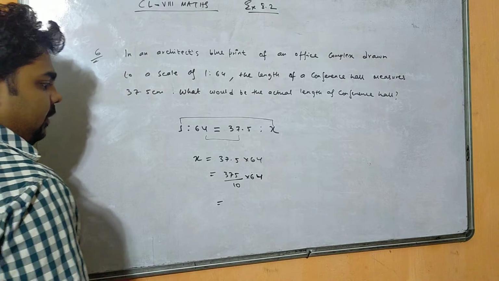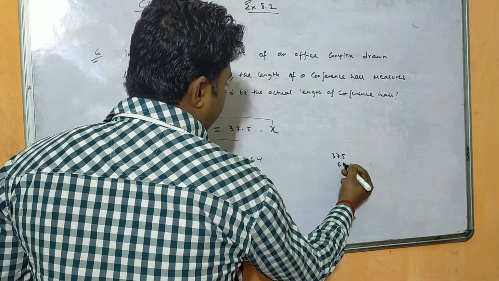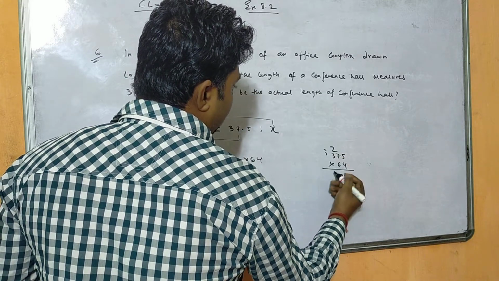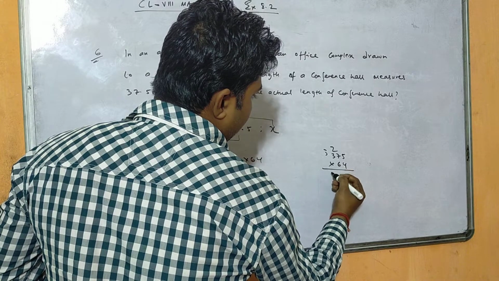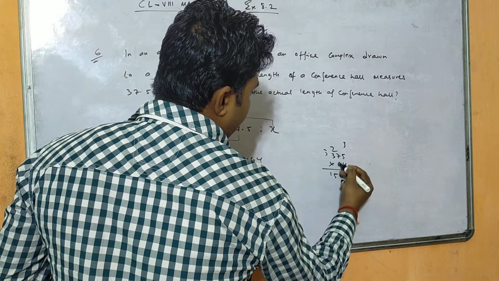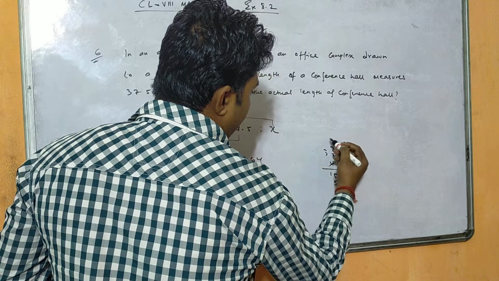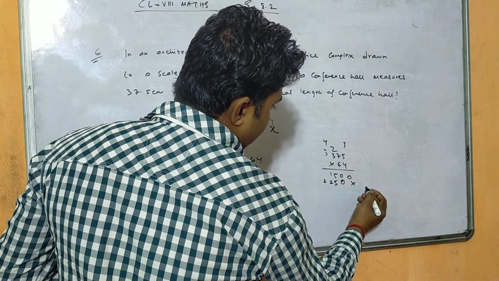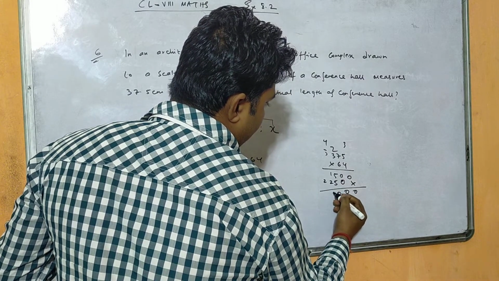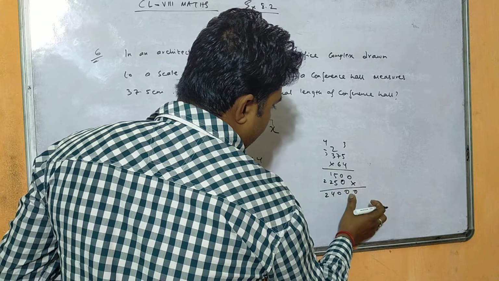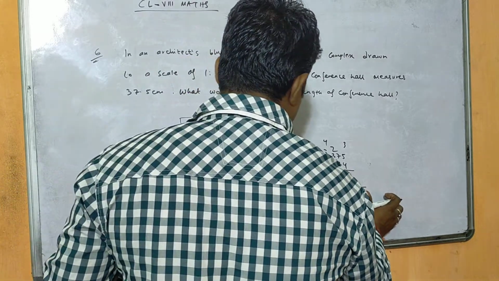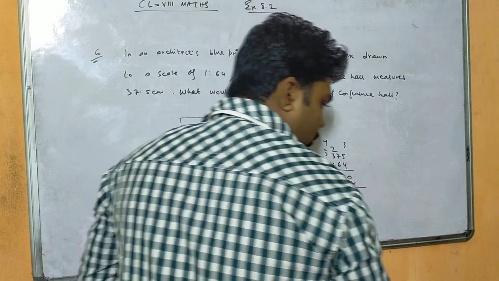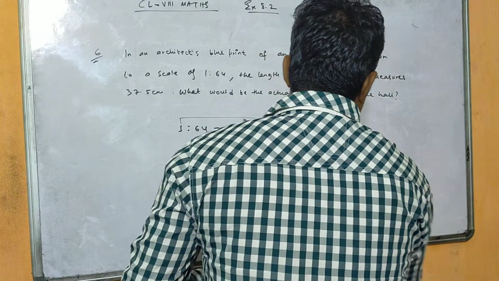When you multiply here, okay, so you will be getting here 2400.